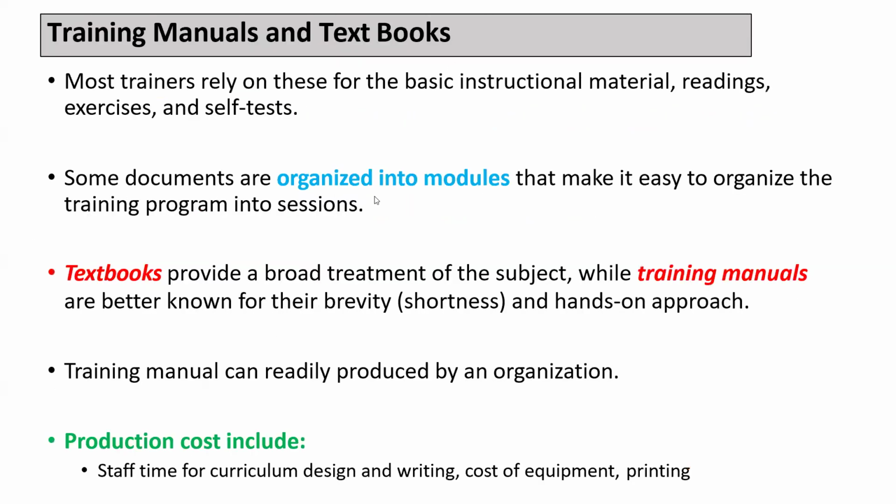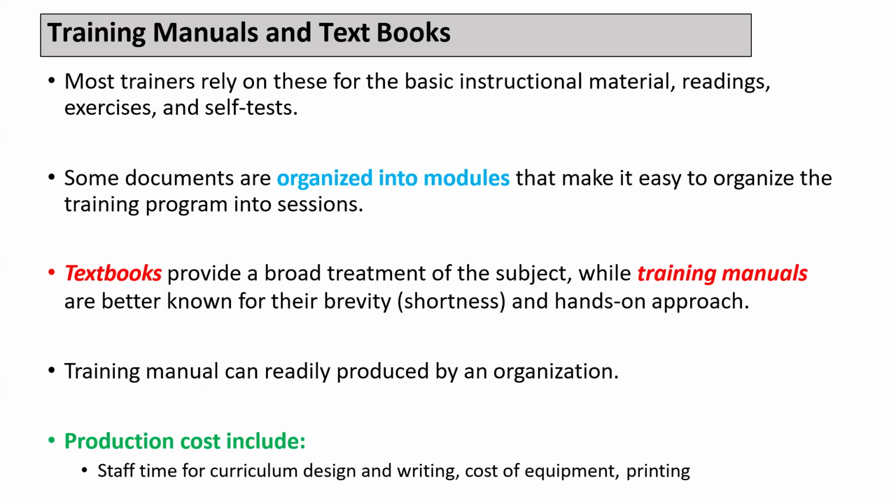Then manuals and textbooks. As in your C1 form or the course outline, you can clearly see the textbooks recommended. Likewise, we can recommend some other reading materials in the training, in order to undertake further learning.